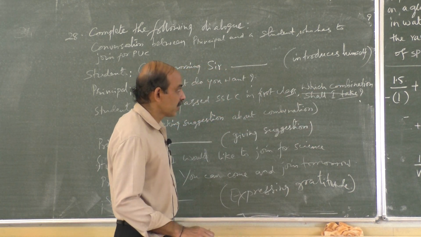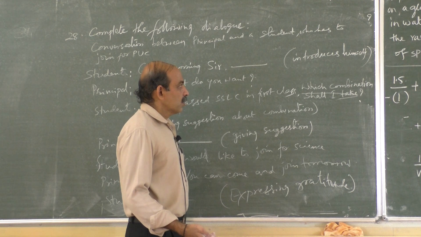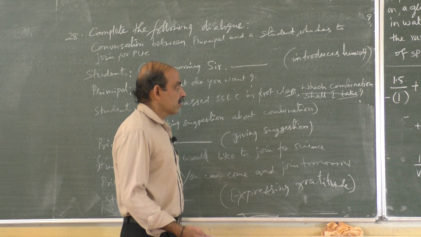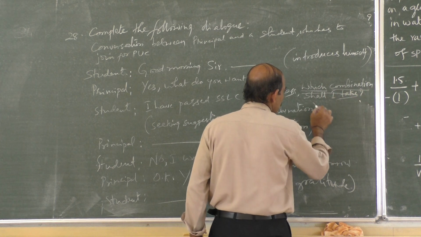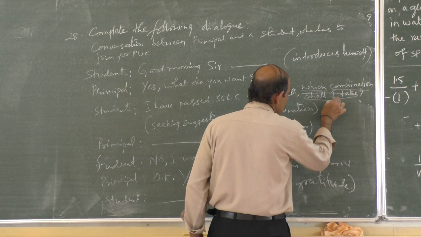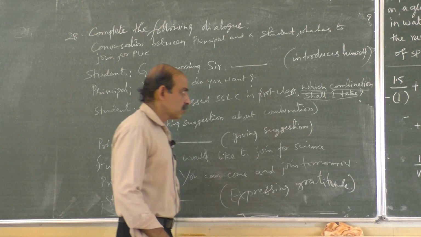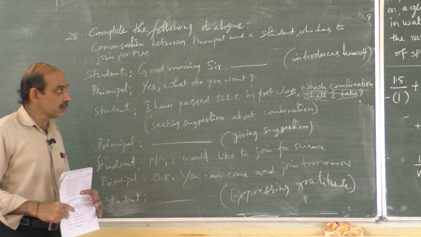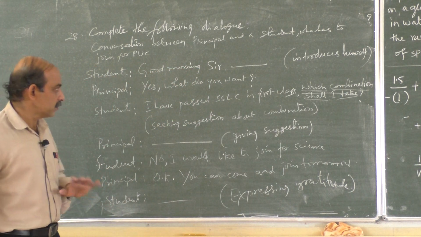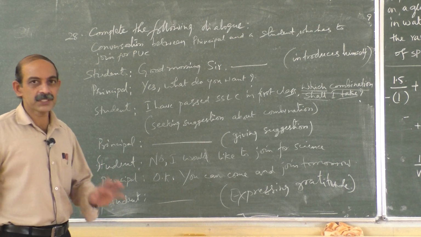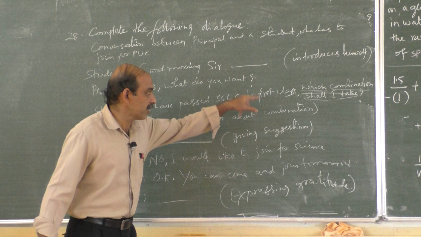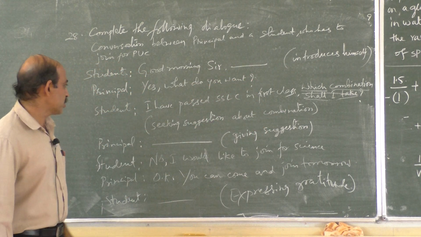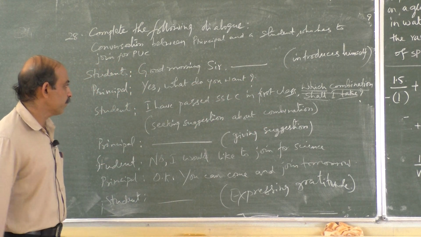After this WH word, the noun is available, and then the helping verb, subject and main verb. If you write "which I take", the question is not meaningful. That is why: which combination shall I take.